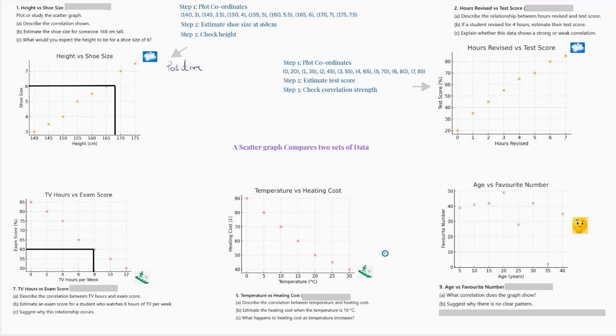When the plots are going down the stairs, it's called a negative correlation. And when the plots are going all over the place and don't know which way to go, it's simply called no correlation. There is no correlation.